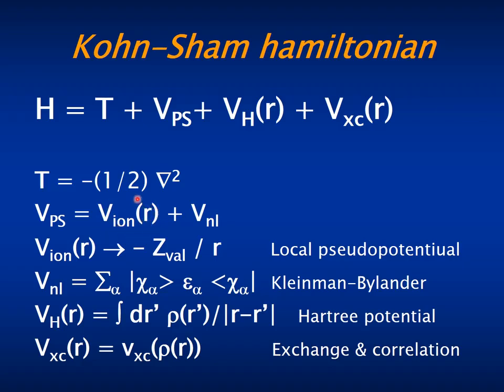A local pseudopotential that goes as the valence charge of the atom over R at long distances, but which has some different shape at short distances, and a non-local Kleinman-Bylander operator, which is a sum of projections over orbitals also centered on the atom, which are somewhat similar to the basis orbitals, but with a different radial shape.